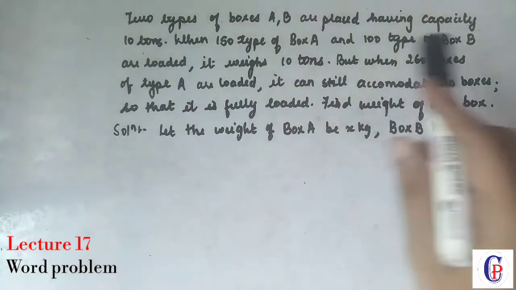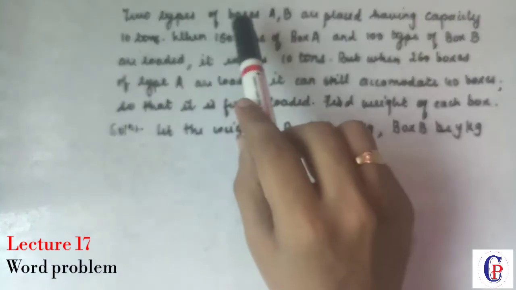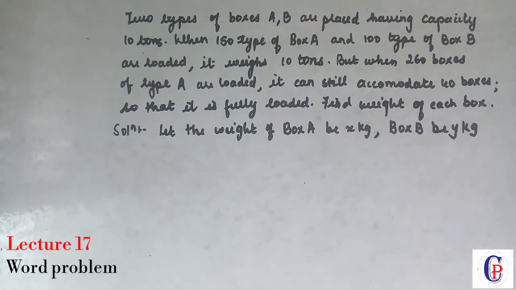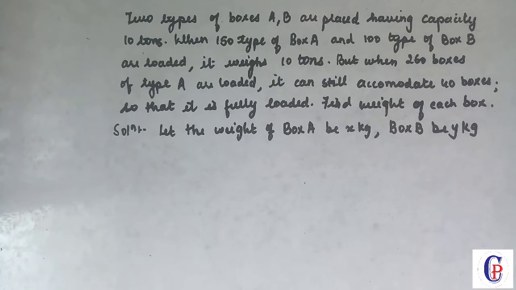So we have this question. It says we have two types of boxes A and B which are placed in a truck which has capacity of 10 tons. 150 boxes of type A and 100 boxes of type B are loaded and the total weight becomes 10 tons.